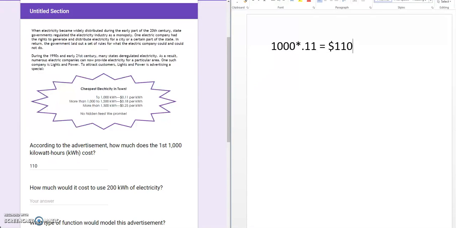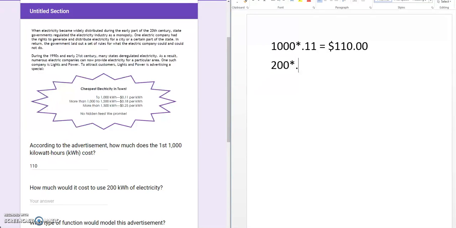So the first 1,000 times 11 cents is equal to $110. How much would it cost to use 200?